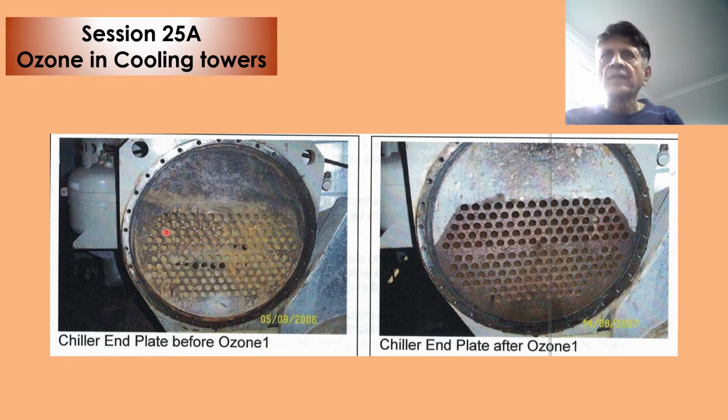If you notice all the blockages which had occurred prior to the installation, this was cleaned up and ozone was installed, and 1 year from the installation the chillers were opened up for the annual maintenance, and this is what you find, and you see how clean the tubes are compared to the tubes found prior to the installation.